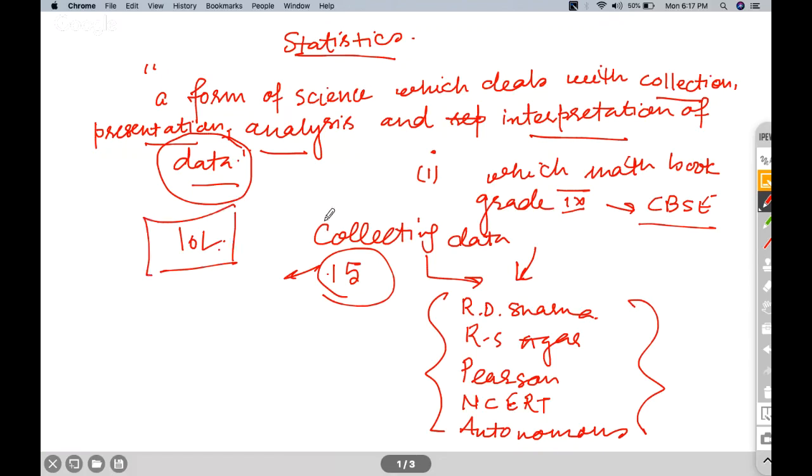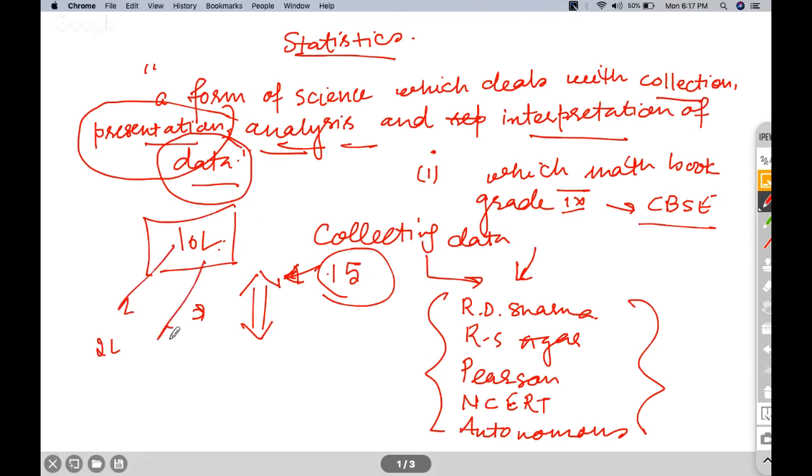This is the collection of data. Now I'll do analysis. Presentation of data is actually last. So first I am doing analysis, where I'll categorize data into different categories. Out of 10 lakhs, 2 lakhs read R.D. Sharma, 2 lakhs read R.S. Agarwal, 1.8 lakhs read Pearson, and likewise.